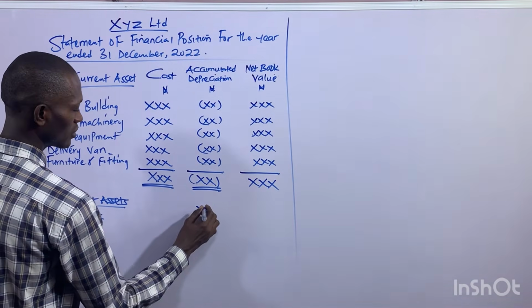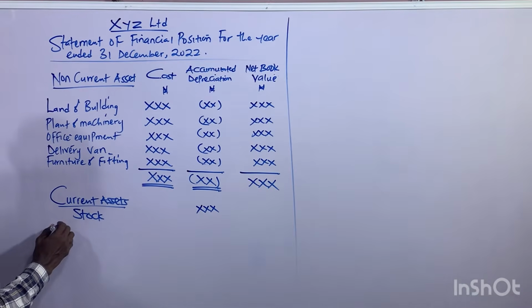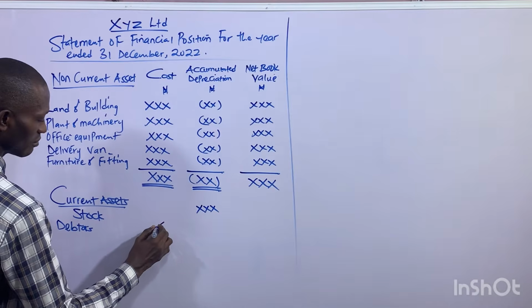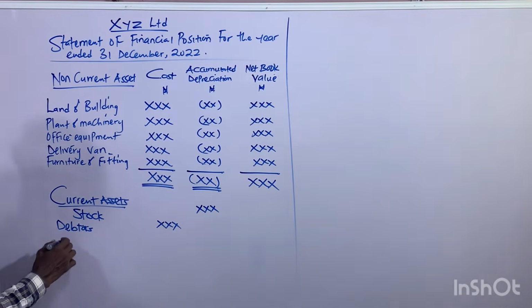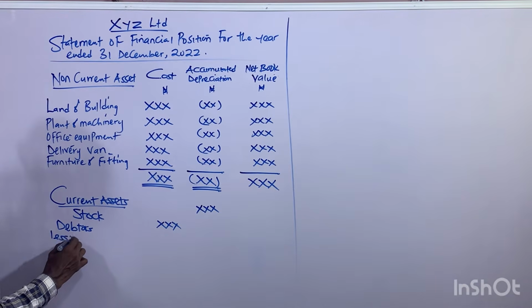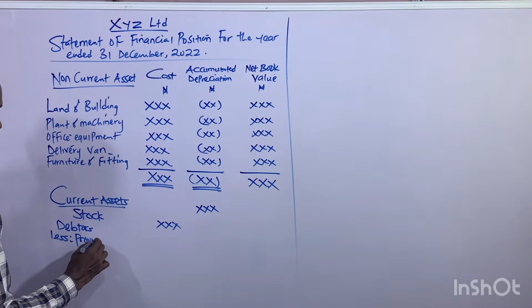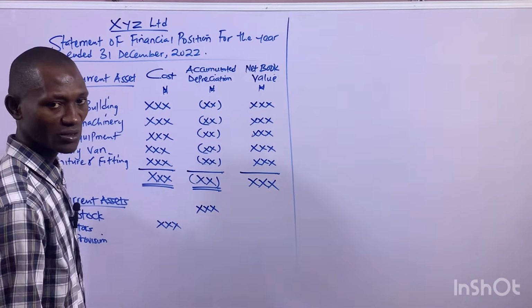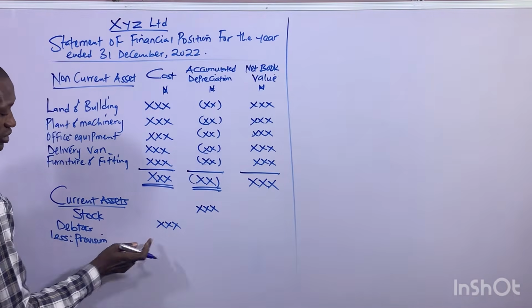Then you have the amount here. You have debtors. So you have the amounts here most times. Then you less from this your debtor provision, maybe provision for bad debts, provision for bad and doubtful debts. You less it from your debtors.